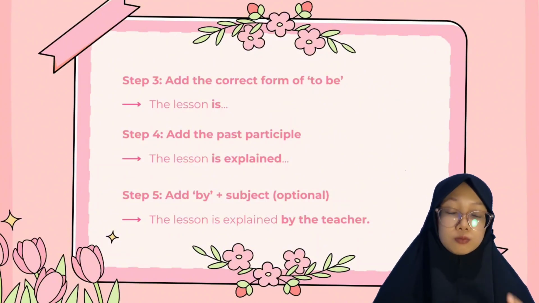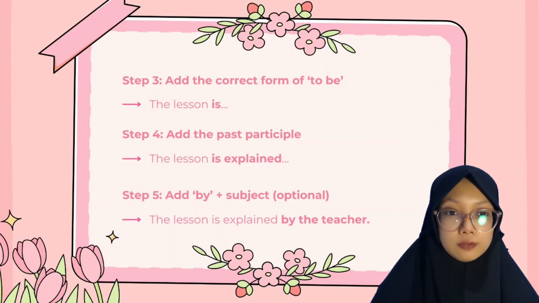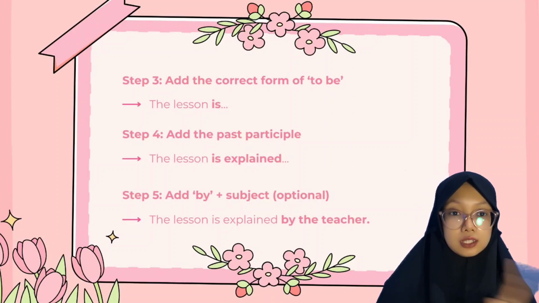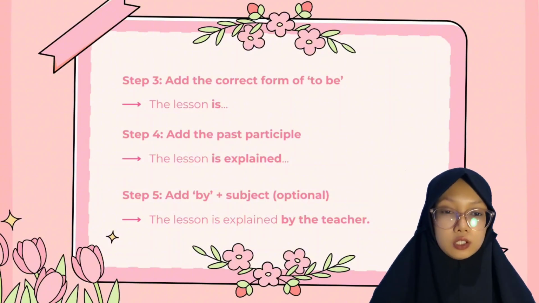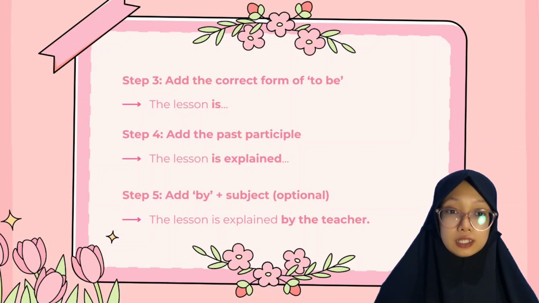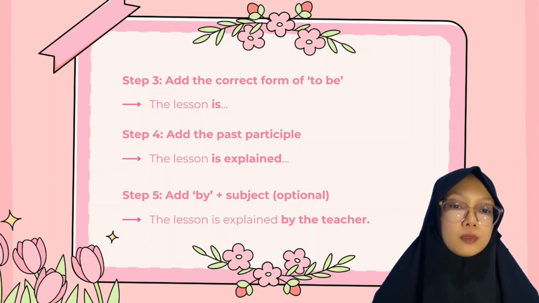We use the verb in the past participle form. And then step 5, we add by plus subject, and this is optional. You want to explain who did the action or not, it's up to you.